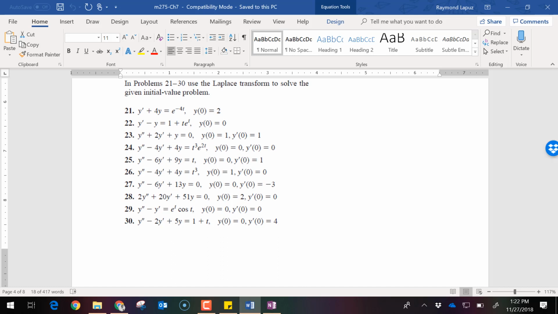So I'm looking for another one where you might have to complete the square, because that happens, or something like that. If you guys take a look at 28, can you factor? You can't factor that. Does that give you real solutions? 2x squared plus 20x plus 51. Is that an imaginary number?